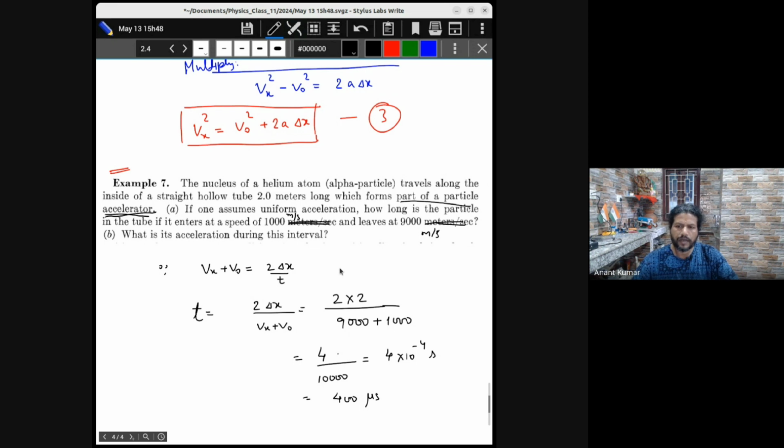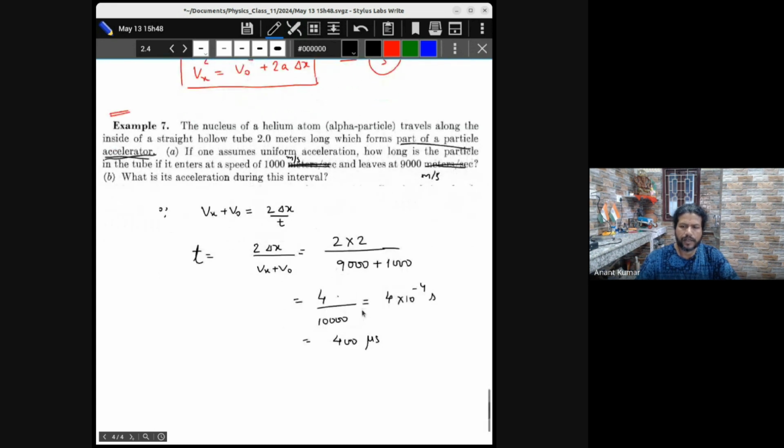Once we know this time, we can definitely find the acceleration, assuming a uniform acceleration. This is the first part, A. For part B, we consider the acceleration.